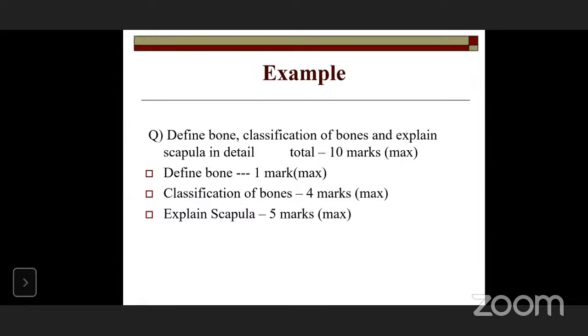I don't know why. Even so, these are very important things to remember while writing. You should cover all the headings, then only the maximum marks will be allotted. If you have written only one or two, your maximum marks will be reduced; they will allot marks based on how much you have written. So it is very important to remember how to write the examination.